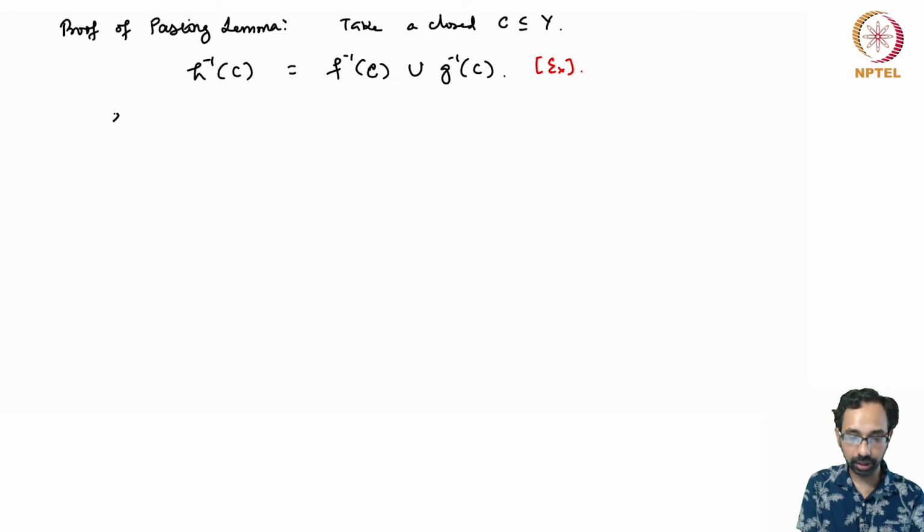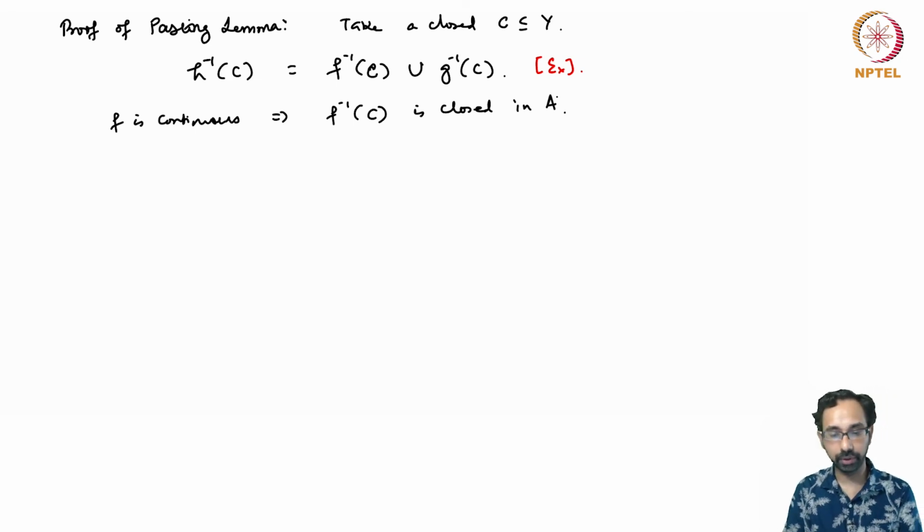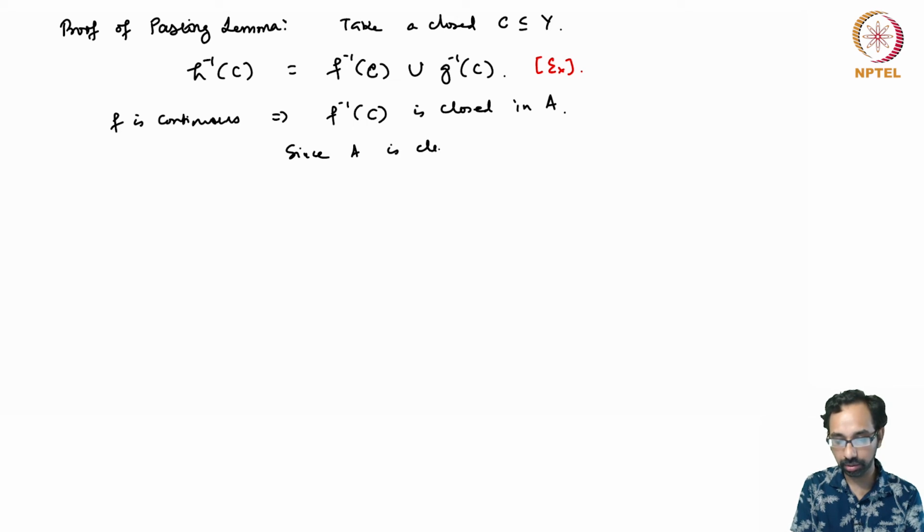Now f is continuous. This means that f inverse of C is closed in A, because f is a continuous map from A to Y, and since A is closed in X, this means that f inverse of C is closed in X as well.